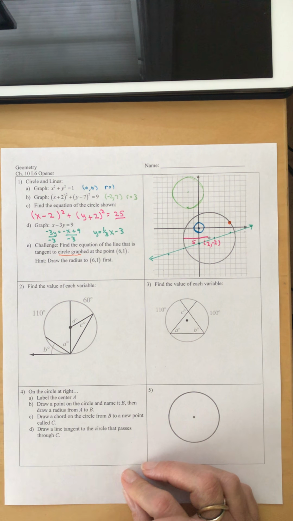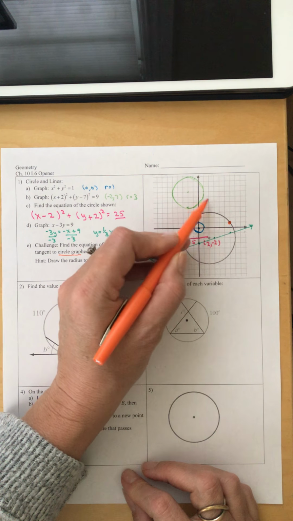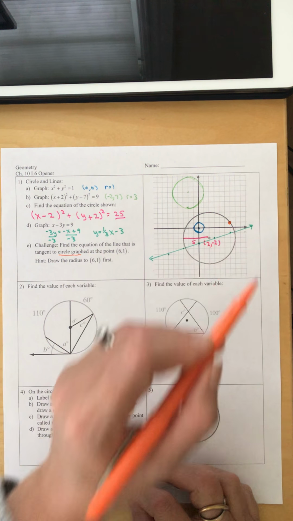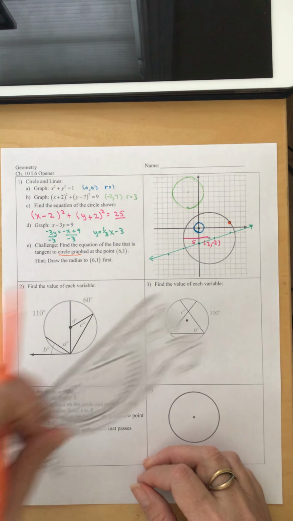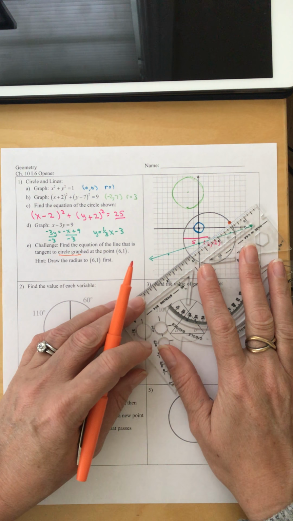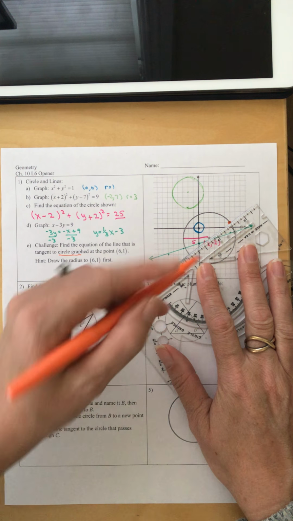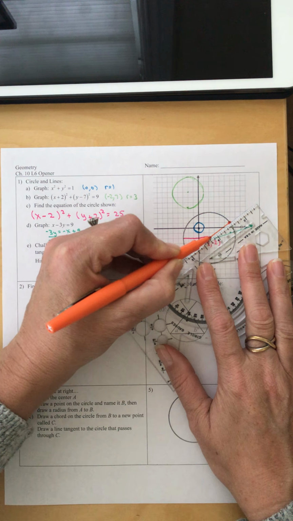Now remember, what it means to be tangent to the circle is that it just brushes the outside of the circle, and what makes it tangent is that the tangent line has to be perpendicular to the radius at that point.